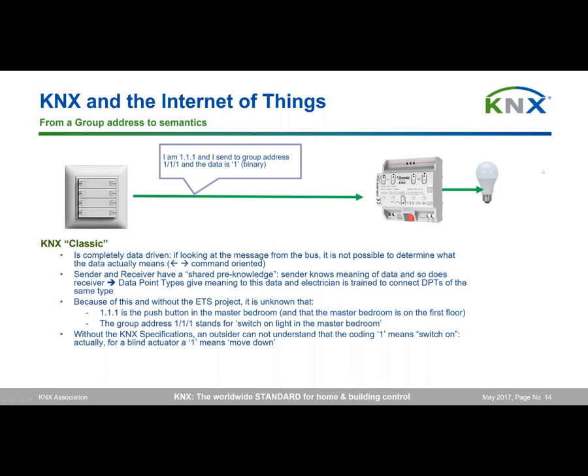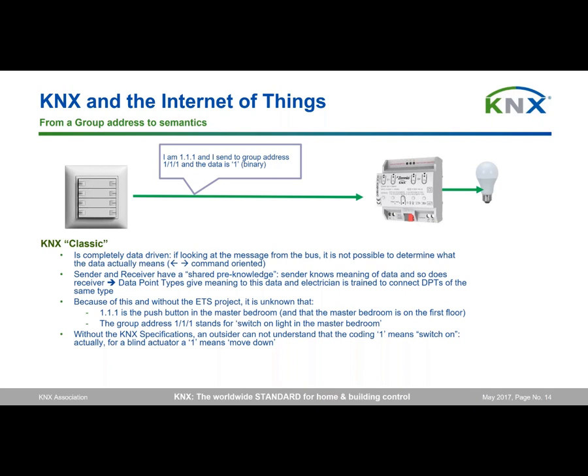If you look at a KNX message that is sent from a sender today to a receiver, for instance a switch to an actuator controlling a lamp, then this message is completely data driven. If you look at the message on the bus, it is not possible to determine what the data actually means.